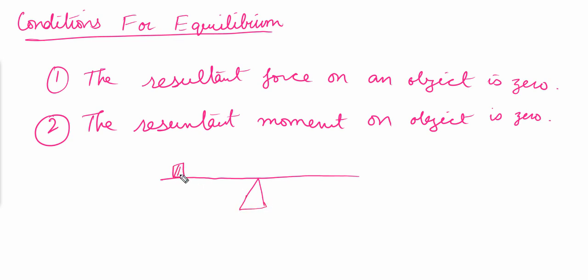Some mass has been placed on this side of the object, and some mass on this side. Now this object will be considered to be in a state of equilibrium only when the clockwise moment due to this object is equal to the anti-clockwise moment due to this object. When the clockwise moment becomes equal to the anti-clockwise moment, then we'll say that this object is in a state of equilibrium. So these are the two essential conditions for equilibrium.